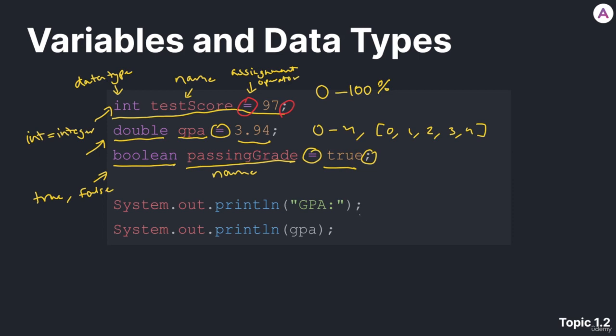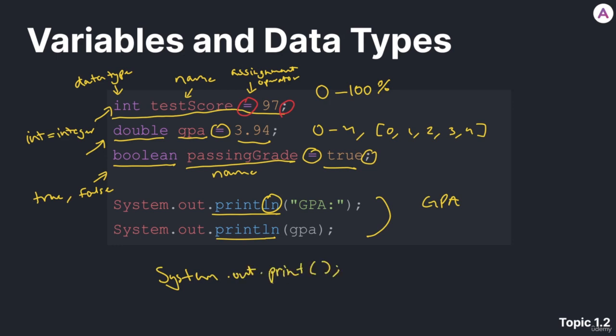And over here, I want you to predict the output of this right here, knowing what System.out.println does and what System.out.print does. Again, two statements, what they do and what will be the output. If you said that the output on your screen would be GPA, and then we have the println here, as opposed to System.out.print.